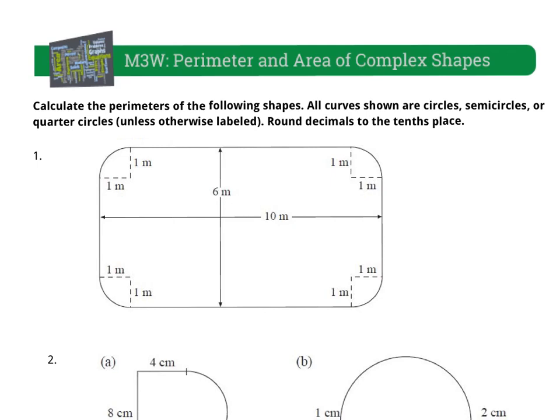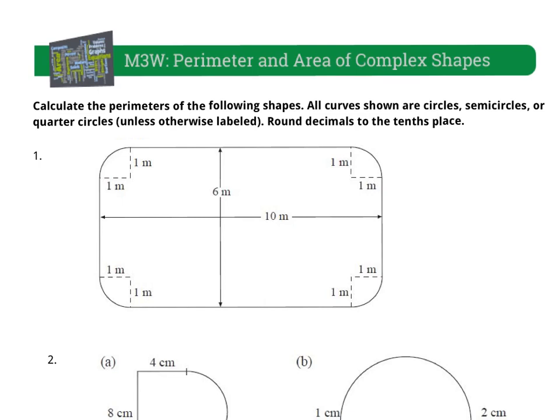The instruction says calculate the perimeters of the following shapes. All curves shown are circles, semicircles, or quarter circles unless otherwise labeled. Round decimals to the tenths place. All right. So for question number 1, I am finding the perimeter of this sort of rounded off rectangle.